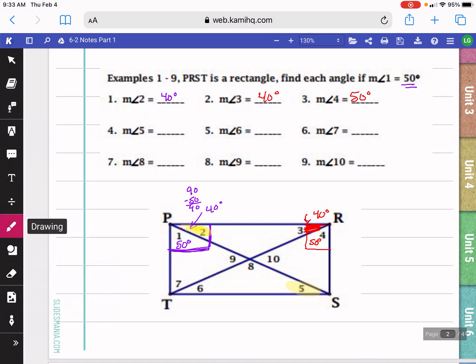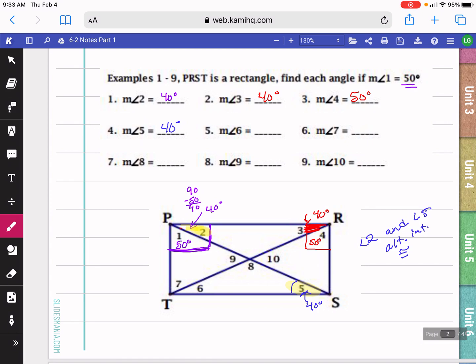And we learned in unit 3 that alternate interior angles are congruent. So angle 2 and angle 5 are alternate interior angles, and so they're congruent to each other. So since angle 2 is 40 degrees, angle 5 is also 40 degrees.